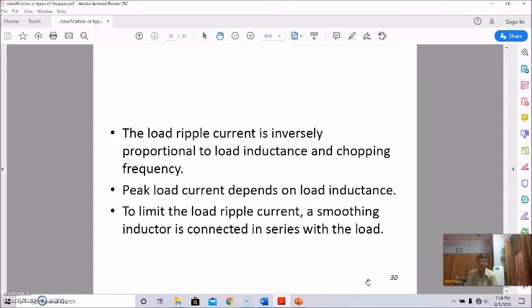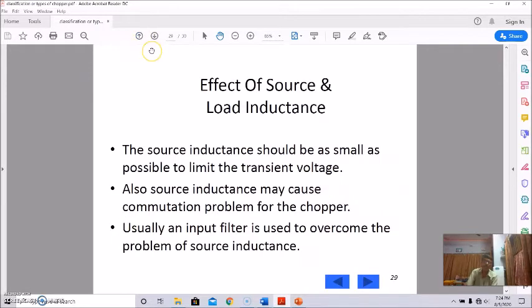To limit the load ripple current, a smoothing inductor is connected in series with the load. These, in a nutshell, are the effects of source and load inductance on the operation of DC-DC converters. I hope you got the point.